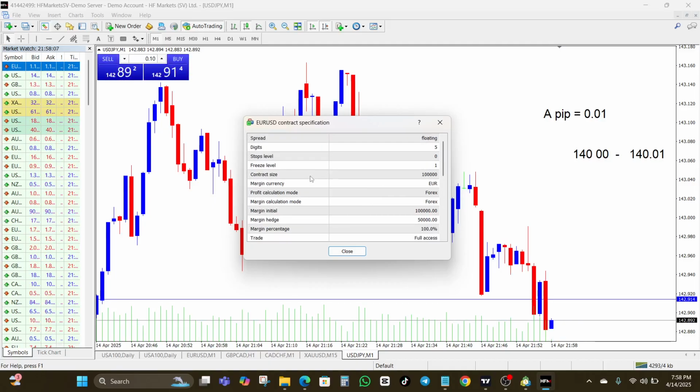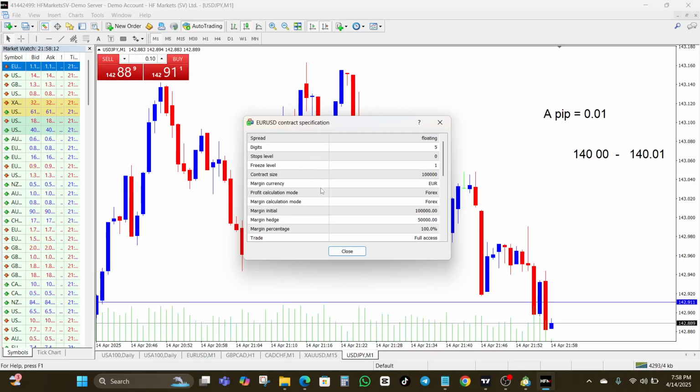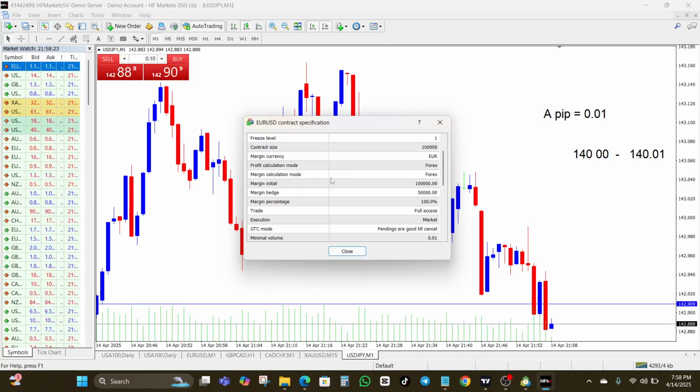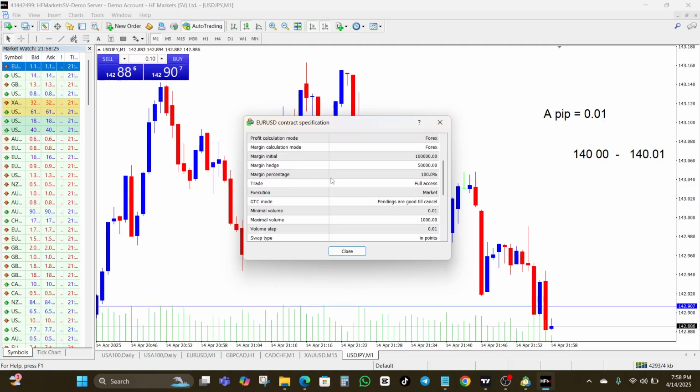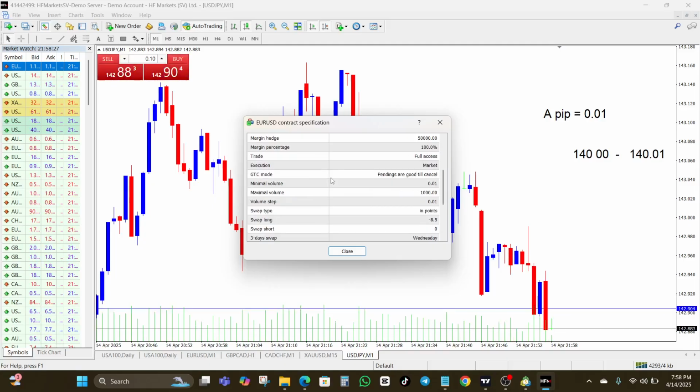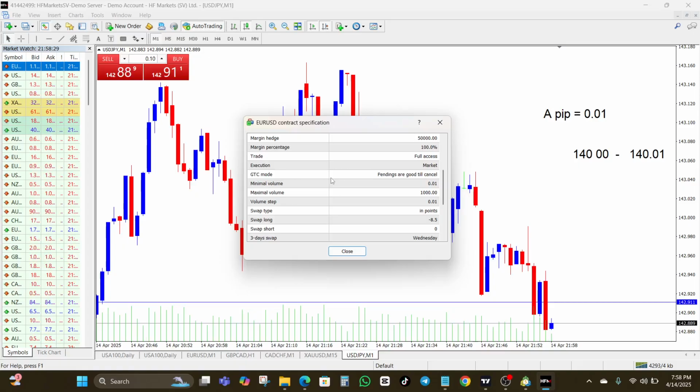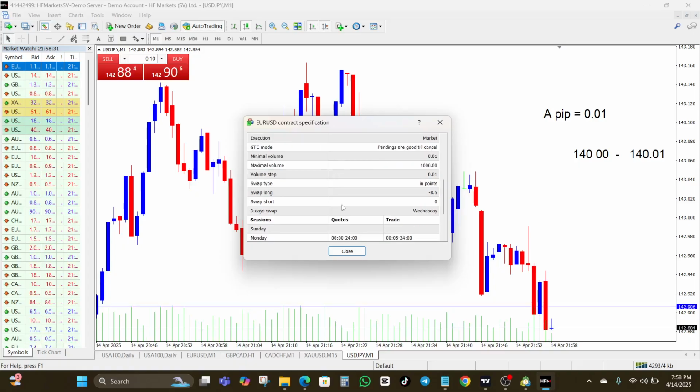Based on what I can see here, I think this actually disappointed me. In the specification here, you can see different information, but not specifically for pips.